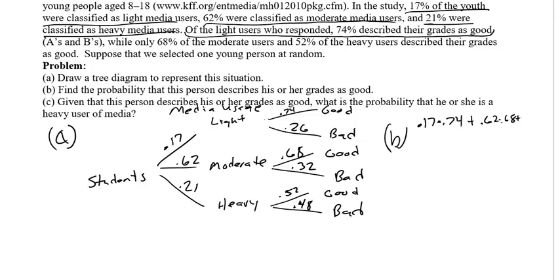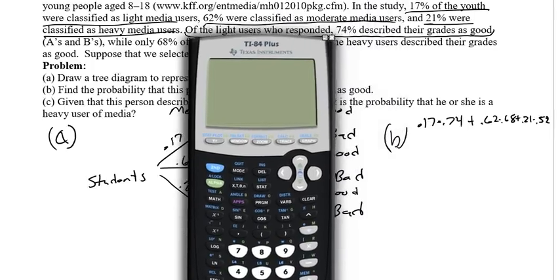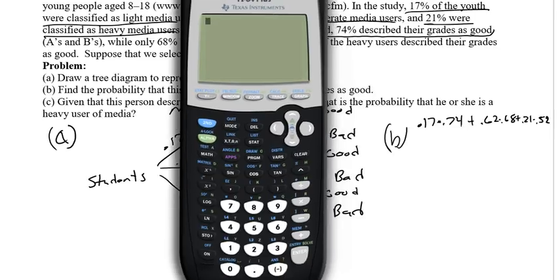Use our calculator here. 0.17 times 0.74 plus 0.62 times 0.68 plus 0.21 times 0.52 gives 0.6566. So about 66% say grades are good.